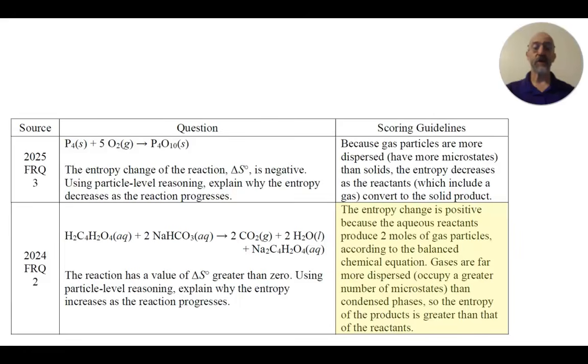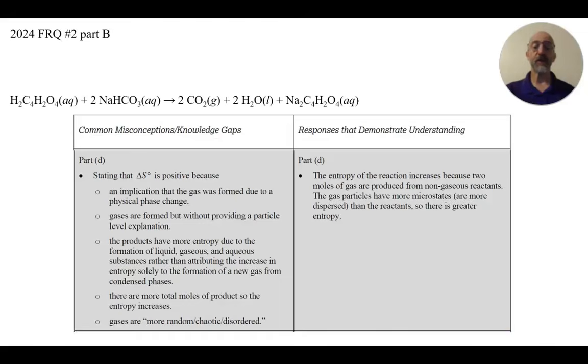Now, what I'd like to show you on the next slide are examples of student mistakes or misconceptions in which they did not earn the point for this particular question, and this comes from the 2024 Chief Reader Report. On the right side of this slide are the official scoring guidelines answer, and on the left side you can see 5 different examples of explanations for the increase in entropy that did not earn the point.